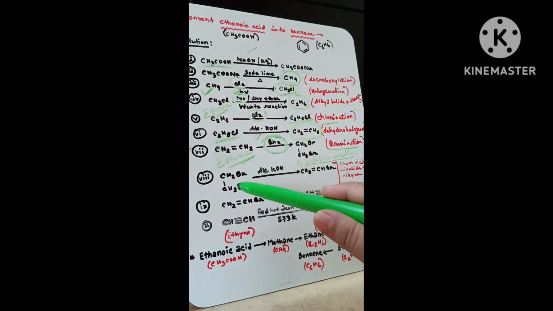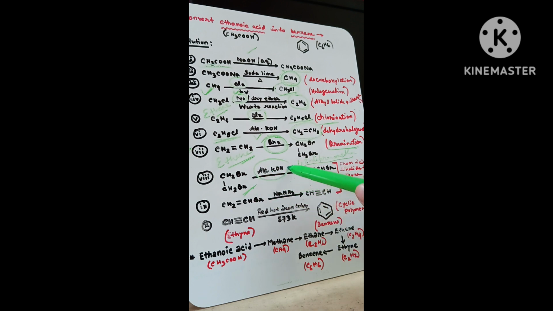Now this 1,2-dibromomethane is reacting with alcoholic KOH or alcoholic potassium hydroxide and producing CH2CHBr, and then this is reacting with NaNH2 and producing ethyne.